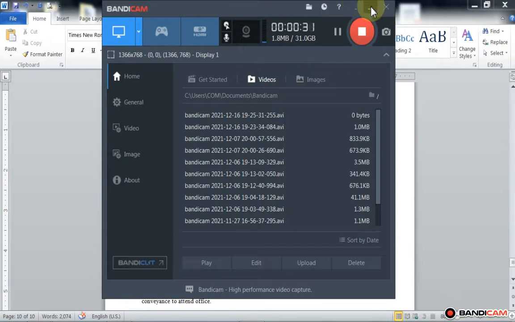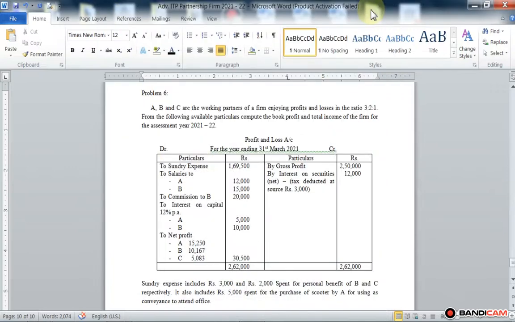So here is problem number 6 in front of your screen. A, B and C are the working partners of a firm sharing profits and losses in the ratio of 3:2:1. From the following available particulars, compute the book profit and total income of the firm for assessment year 2021-22.